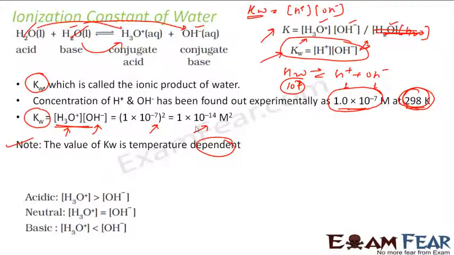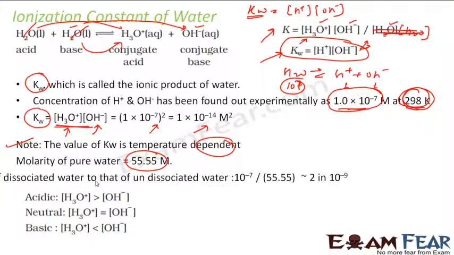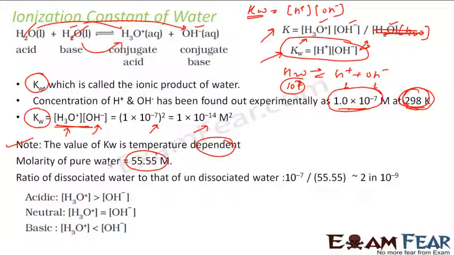If you want to find the percentage of dissociation, you see that the molarity of pure water is 55.55 molar. To find the ratio of dissociated water, that is nothing but 10 to the power minus 7 divided by 55.55, because out of 55.55 molarity water, 10 to the power minus 7 becomes H plus ions.